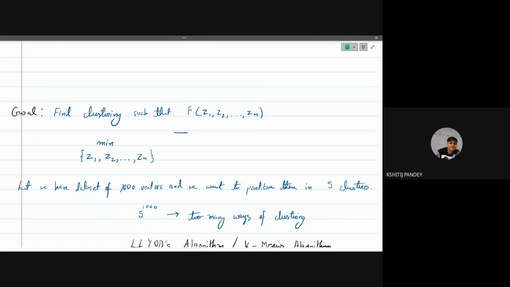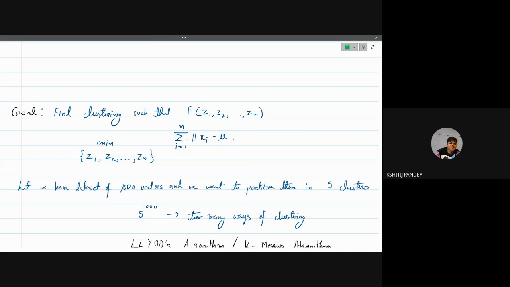Summation i from 1 to n, summing over all the points in the data set, we are calculating the distance between the point and the mean of the cluster where your point belongs, where xi belongs.